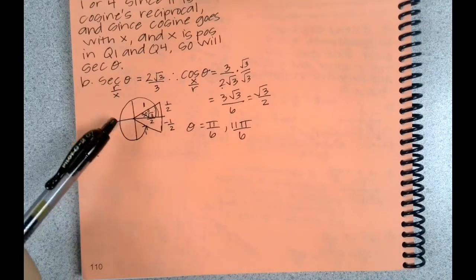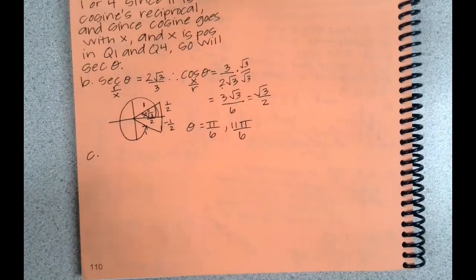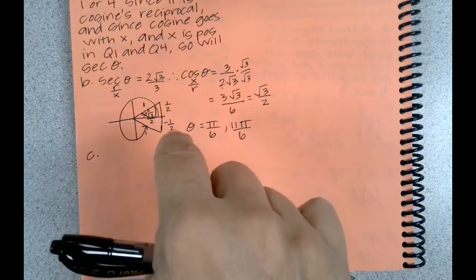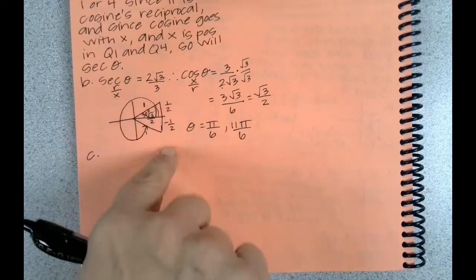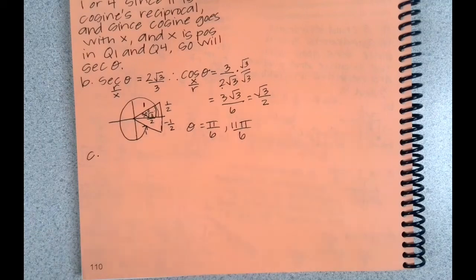Some of you may ask why we didn't just answer negative pi over 6 like we did with inverses. First of all, we're not restricted to just certain quadrants because this is not an inverse. They didn't give us the inverse to start, so there's actually two triangles. And second, it tells us at the top that they want the answers between 0 and 2 pi.